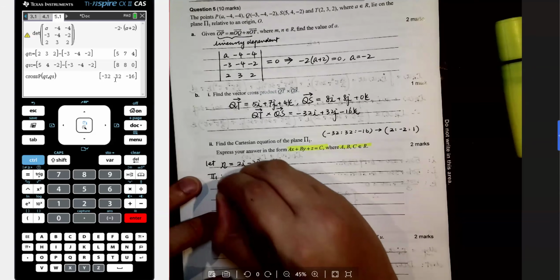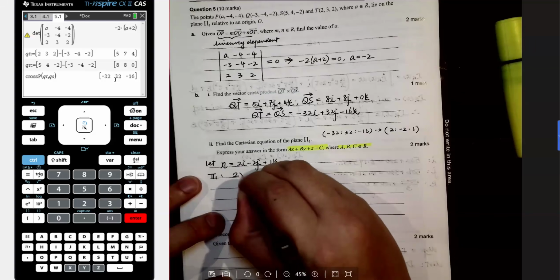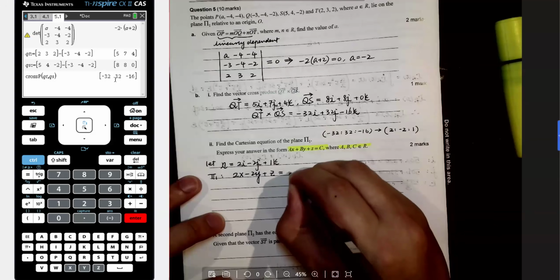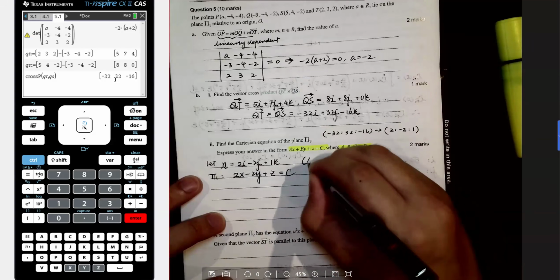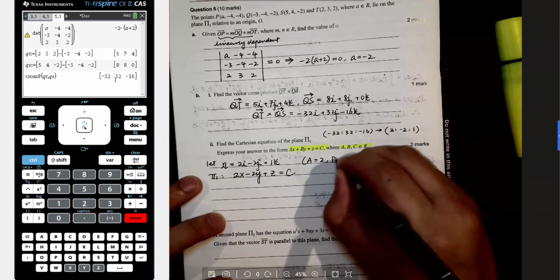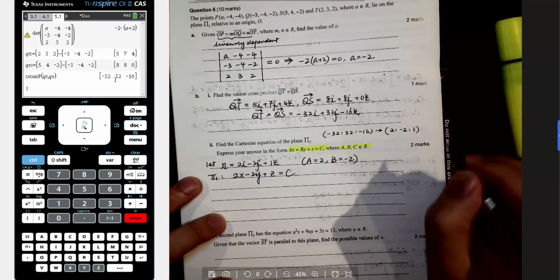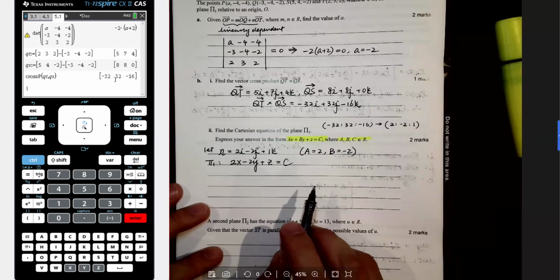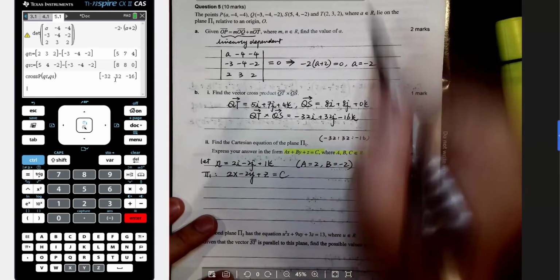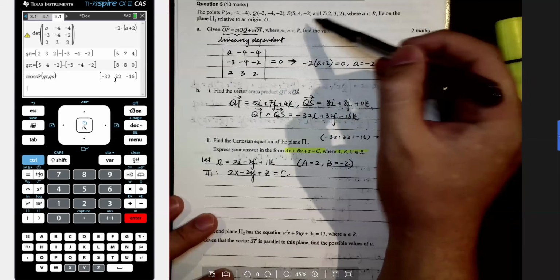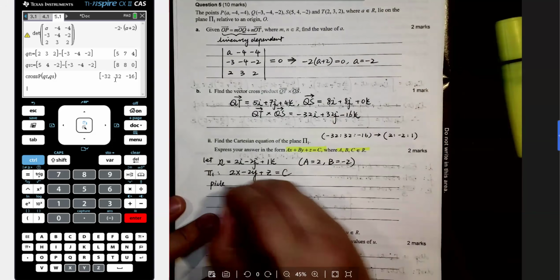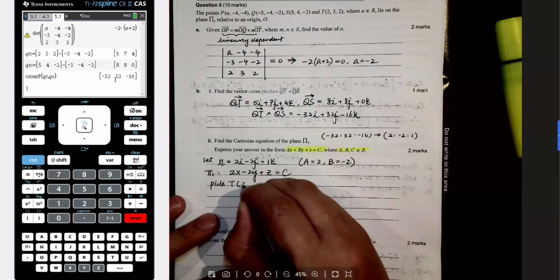So pi1 may well be 2x minus 2y plus z equals some constant c. Your a value must be 2, b value must be -2. And then you just need to pick a point, let's say Q, S, or T. Let me just take T, the coordinate 2, 3, 2.